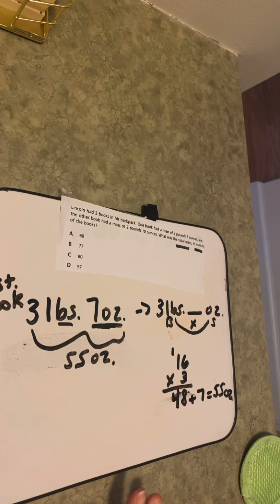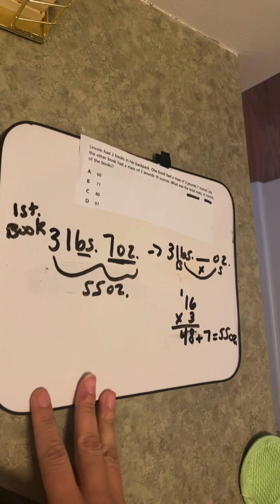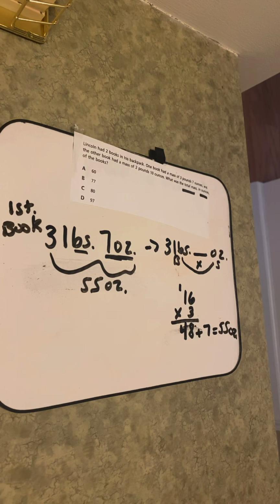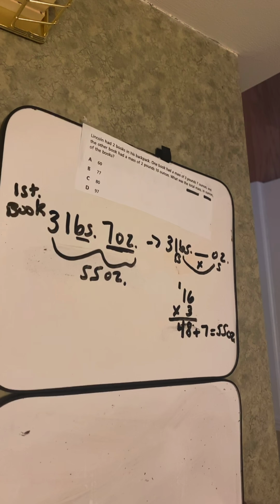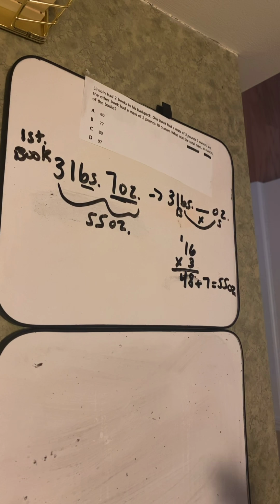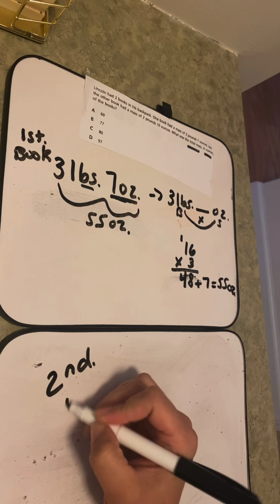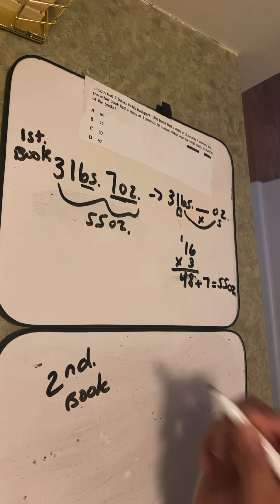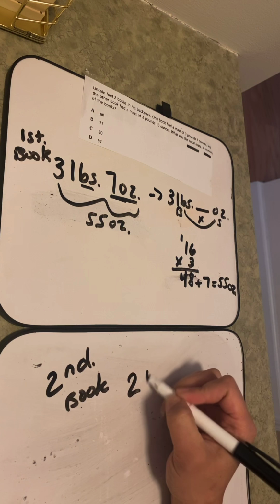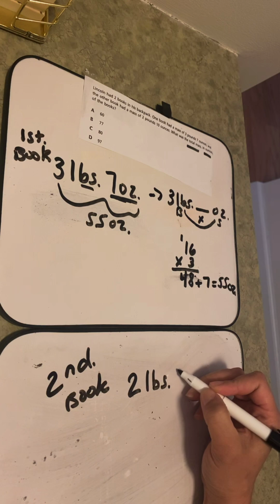Now the second book, we're going to do the same thing. We know that the second book is 2 pounds, 10 ounces.